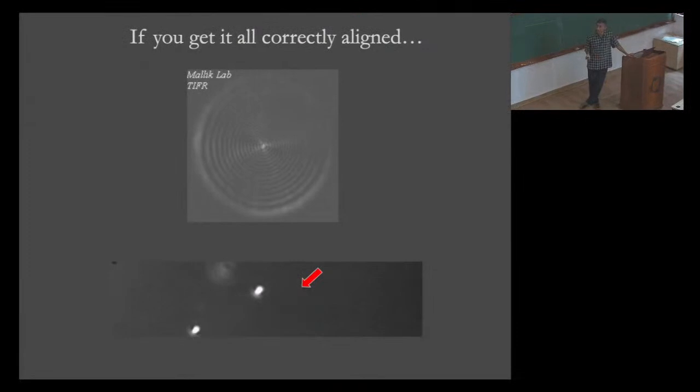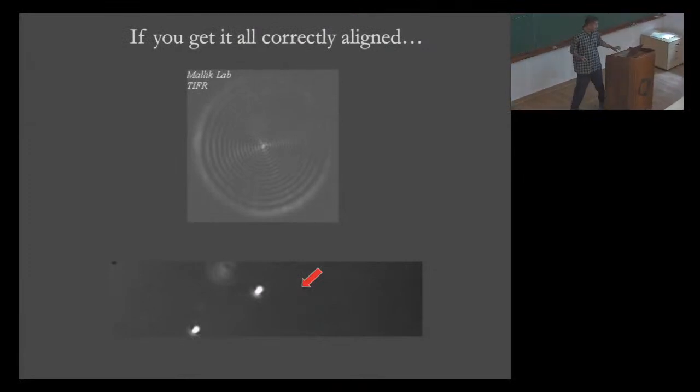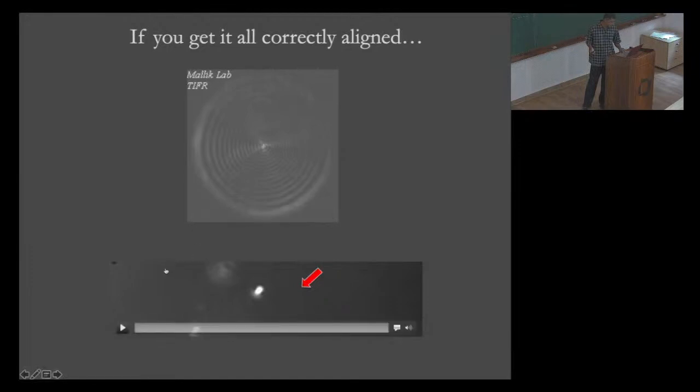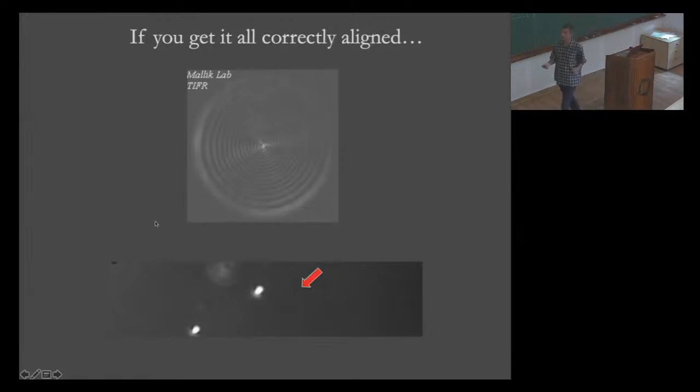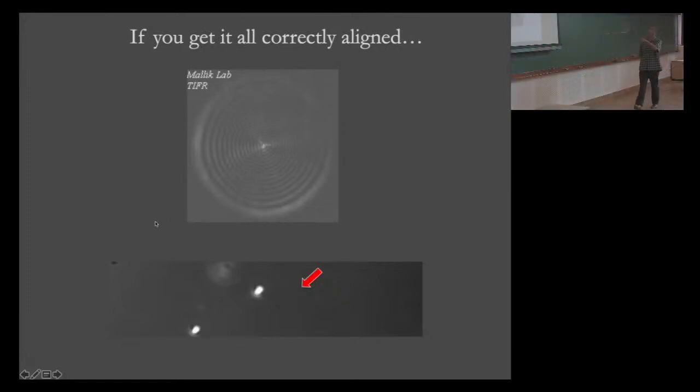If you get it all correctly aligned, and I hope this movie runs, this is what you see. Oh, it didn't work. Sorry, this movie is not working. But what you are essentially doing is seeing the laser spot in your microscope, and this is the interference pattern.